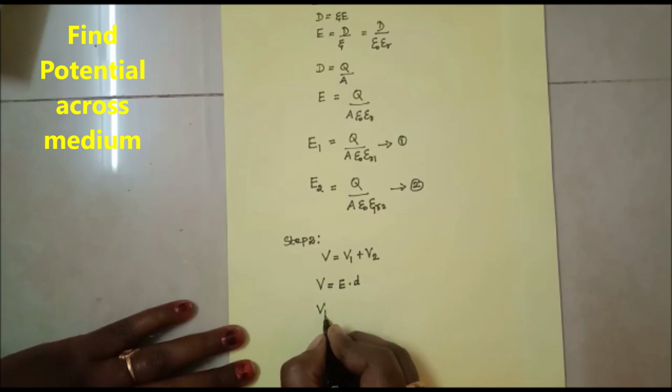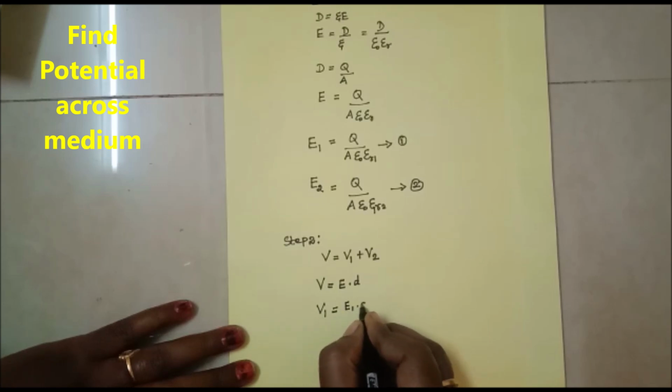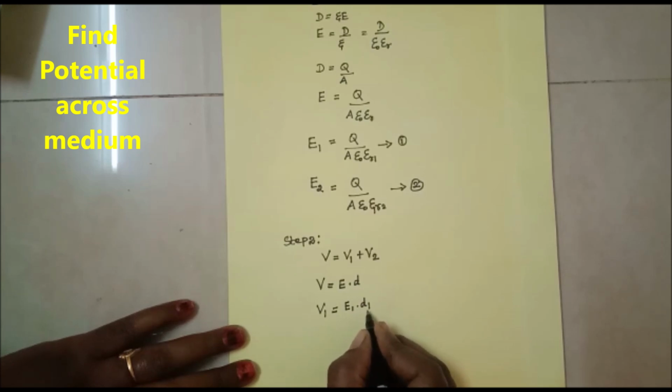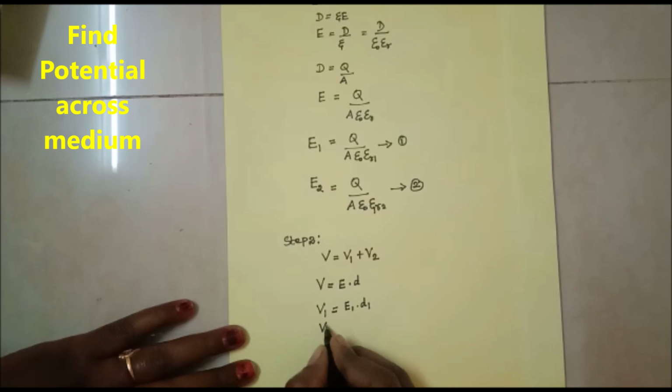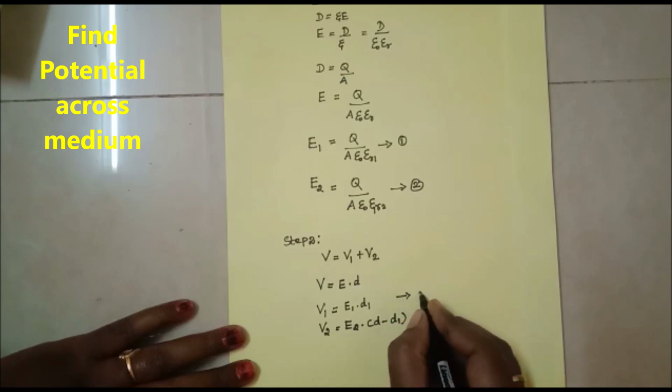Here V1 is for medium 1 and can be written as E1 into D1, where D1 is the distance between the plate and medium 1. Similarly, V2 can be written as E2 into the corresponding distance for medium 2, which is taken as D minus D1. So this is equation number 3 and this is equation number 4.